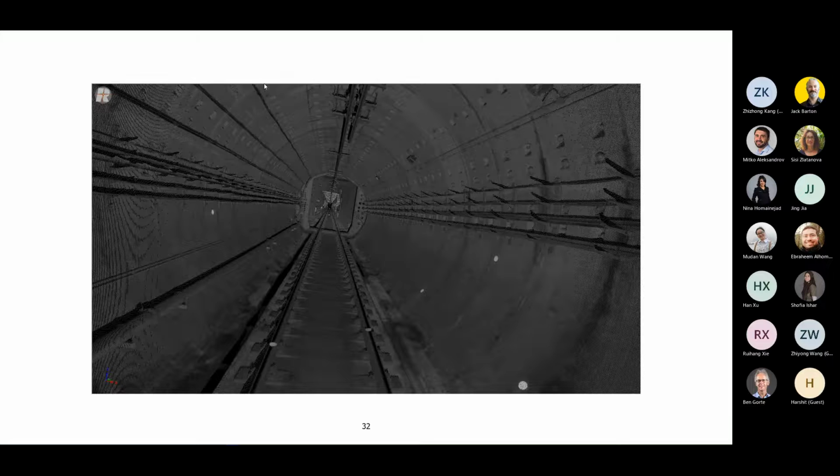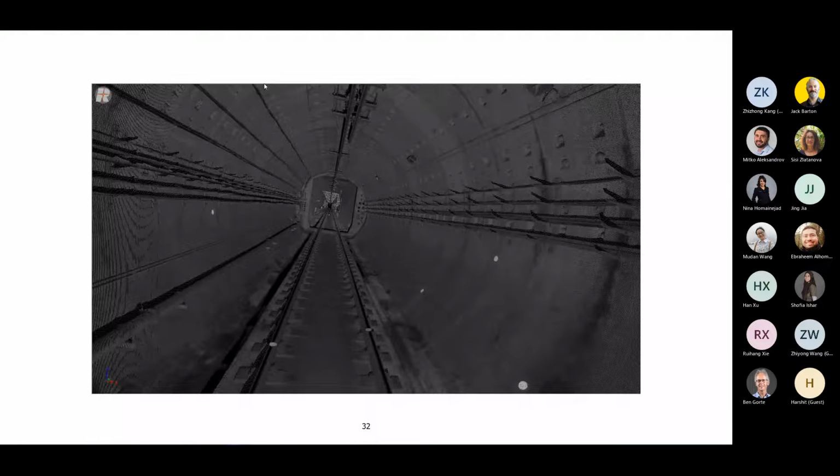Okay, from the beginning, when we were considering using LiDAR to do the tunnel monitoring, we figured out in which way we can visualize and model the deformation.